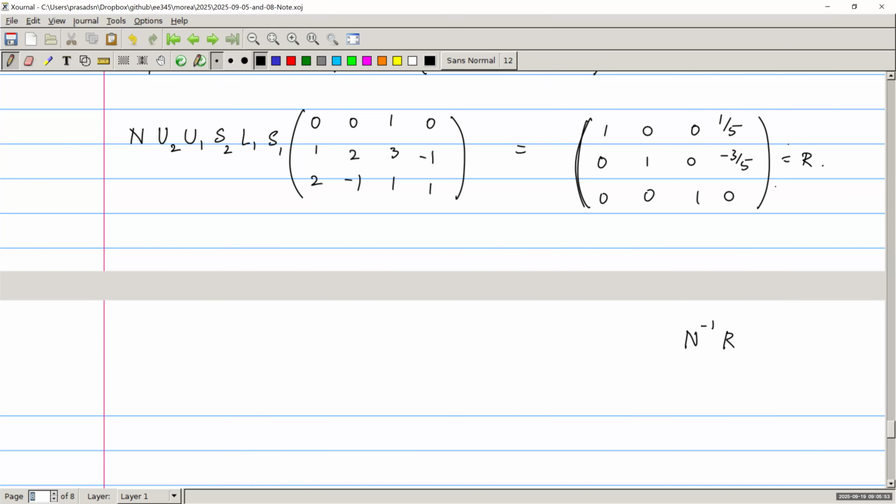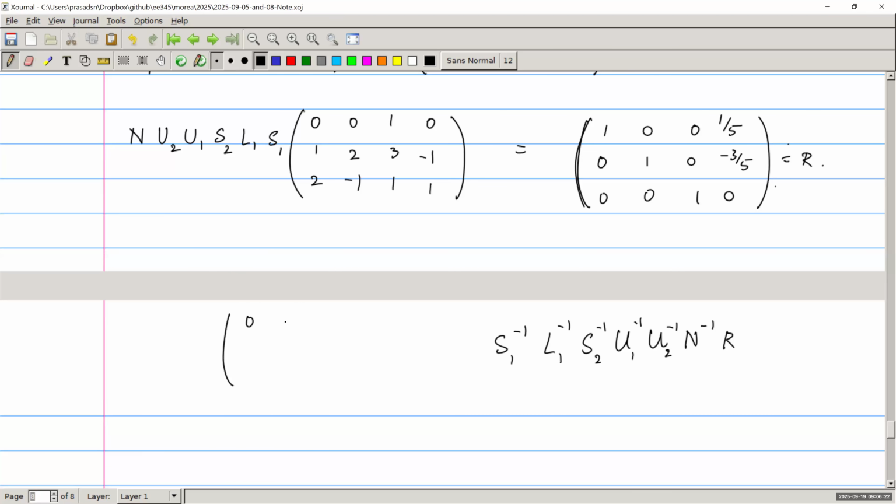But we first undo N, then we undo U2, then U1, then S2, then L1, then S1.